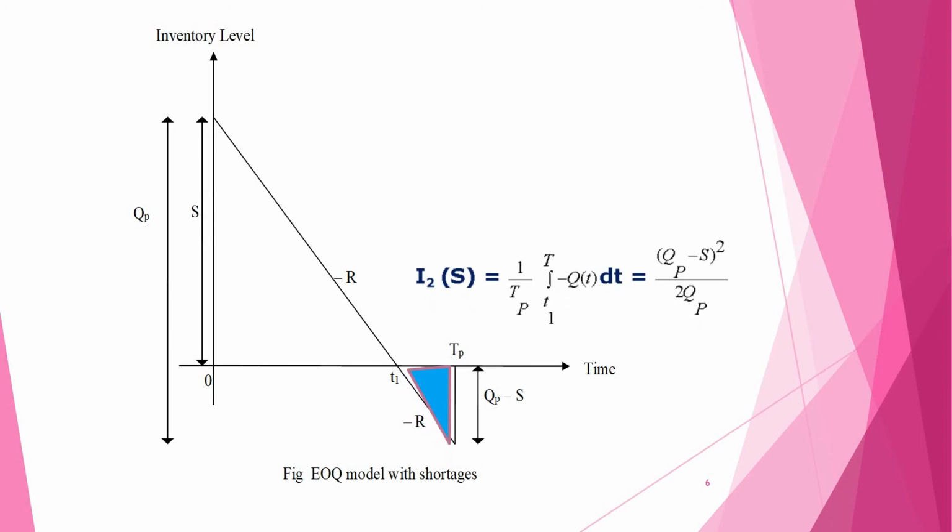Similarly, total shortages, that is I2 of S, is 1 upon TP integration T1 to TP of minus QT dt. Integrating and simplifying, we get total shortages as QP minus S whole square upon 2QP.